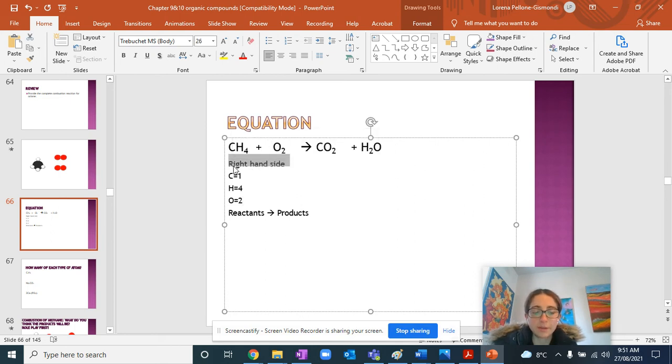Now when we have a look at the left hand side, sorry, this is the left hand side, can't tell my left from my right. And so the right hand side, we have carbon atoms, there are 1, hydrogen atoms, there are 2, and oxygen atoms, there's 1 there.